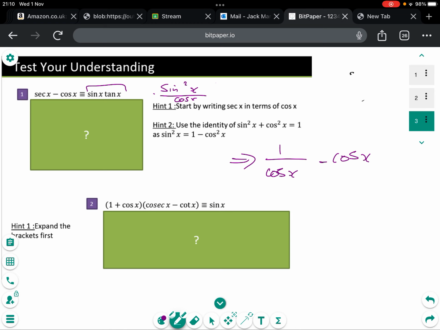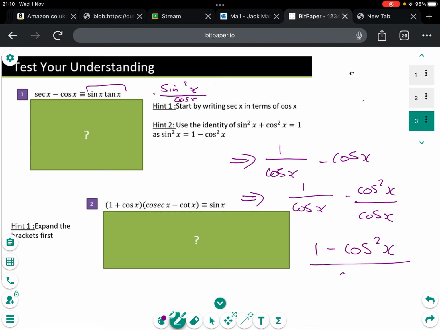Now, if I gave them the same denominator, I would have 1 over cos x minus cos squared x over cos x, which is 1 minus cos squared x over cos x. And because of my clue that I'm looking out for, I can see the cos bits there already.